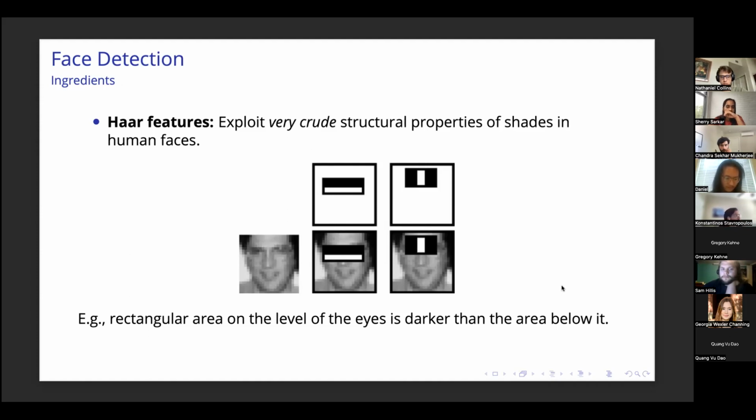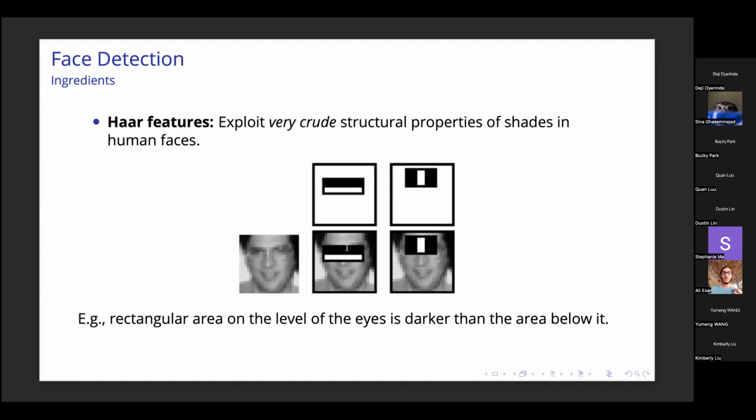So one Haar feature is one real value, and it corresponds to putting one kind of mask, this is one kind of mask, on a specific place on the image.